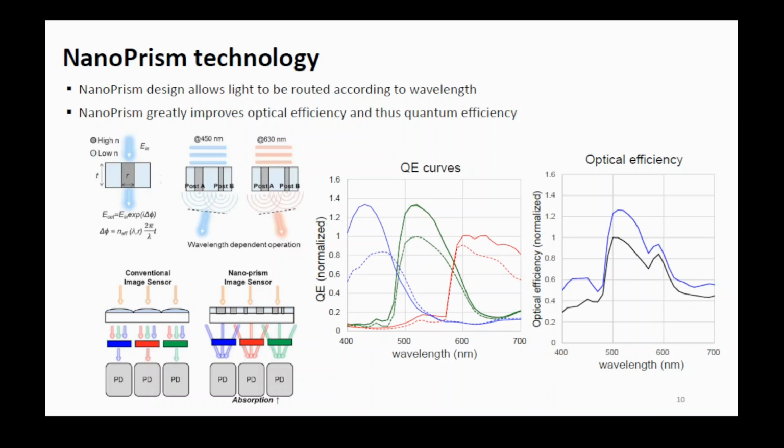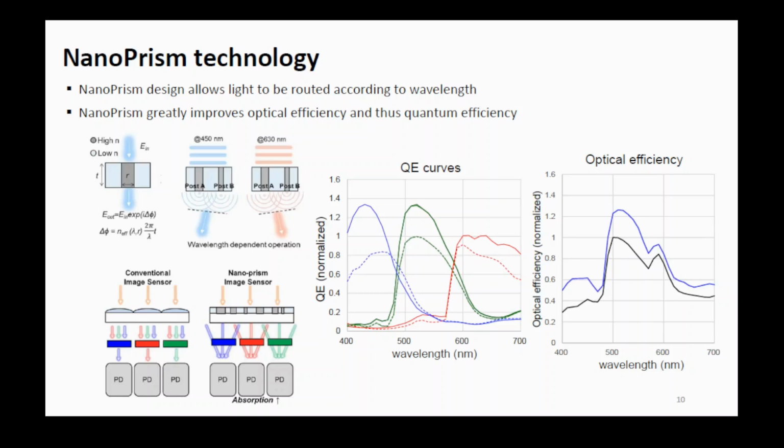So the result of the nanoprism technology is here. We can see that the most important thing is that the optical efficiency was improved by more than 25%.